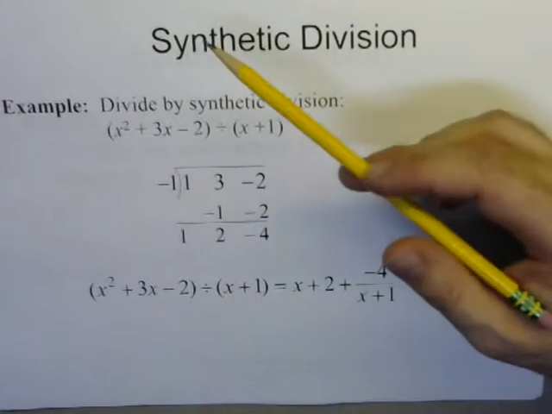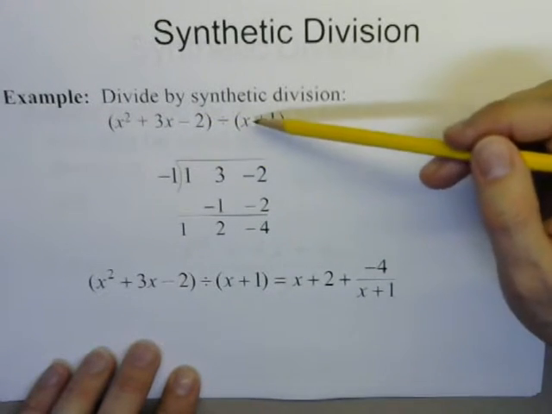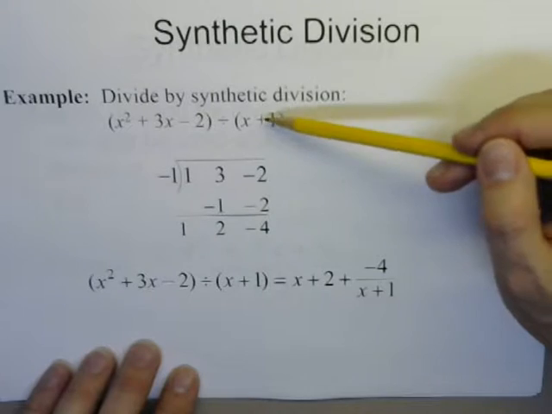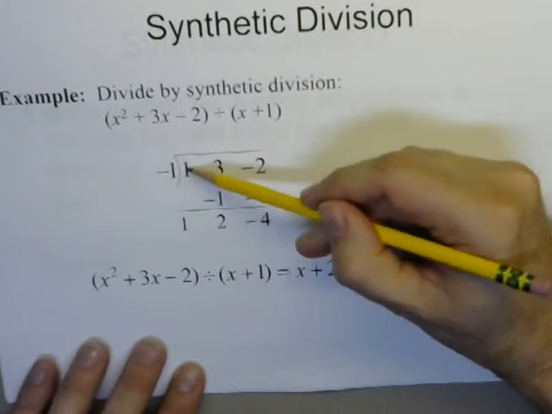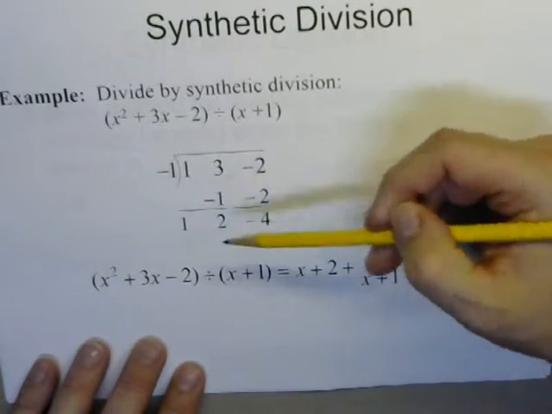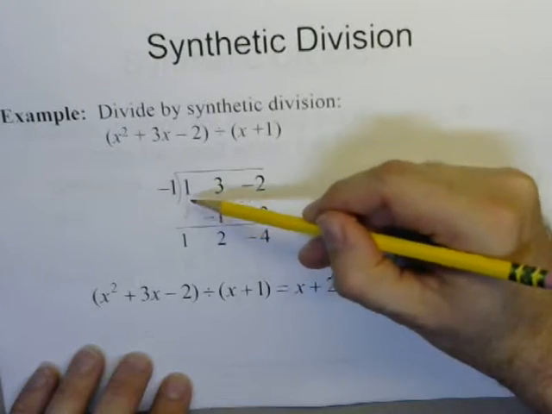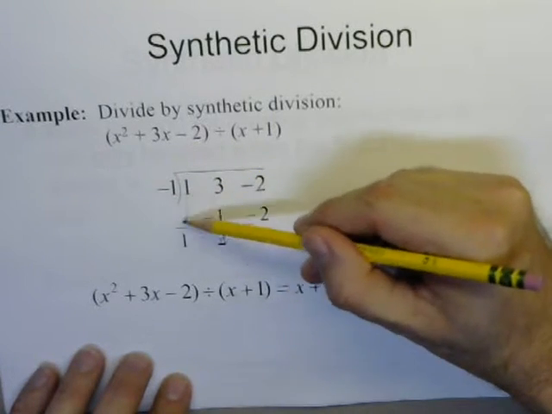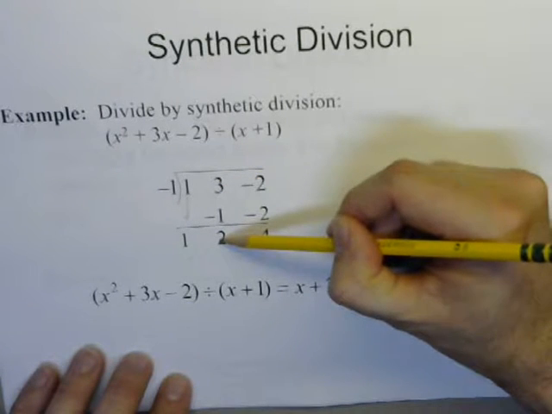So basically what you would do then in this case is, again, just set it up by putting the 1, 3, negative 2 down, and then in this case change the 1 to a negative 1, and then changing this to the negative 1 takes care of the subtraction that we were doing before, and then just start by bringing this down, right? So bring the 1 down, then take this number times that, which gives you negative 1, add those together gives you 2.